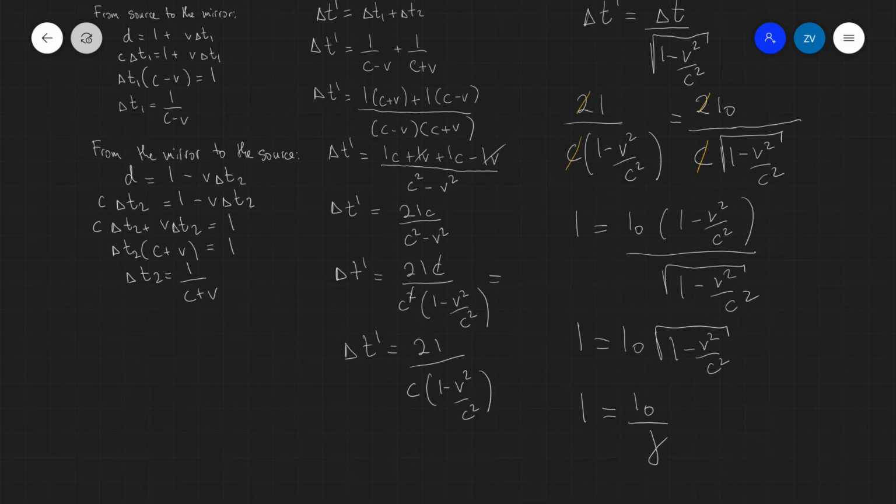It tells us that the length will physically change in our frame of reference if we're moving at a speed v compared to the speed of light. This is absolutely mind-bending, or I should even say space-bending, because it actually bends space in a way. Absolutely incredible.